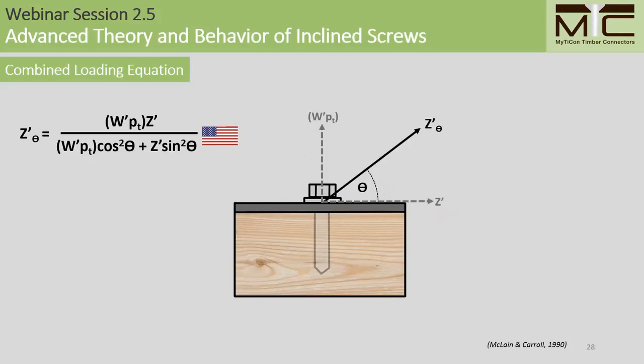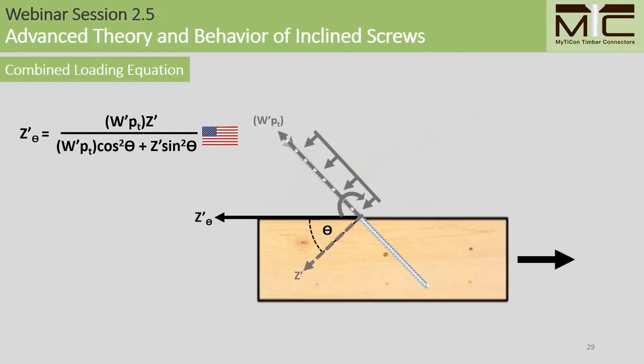As I mentioned before, this equation is primarily intended for the loading scenario shown here, where the threaded fastener is loaded at a direction away from the wood surface, as shown here by Z prime theta. But nonetheless, we can still adapt these parameters for the inclined screw model as such, shown here. So as before, I've kept theta defined by referencing it to purely lateral loading, which is perpendicular to the axis.